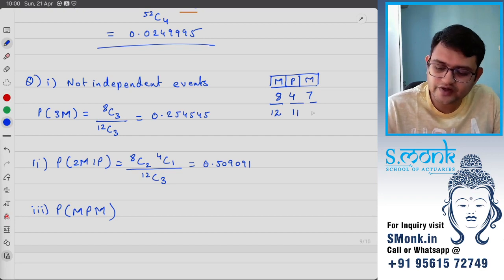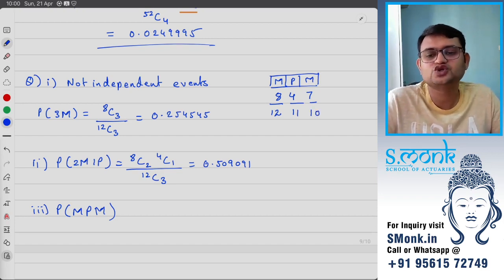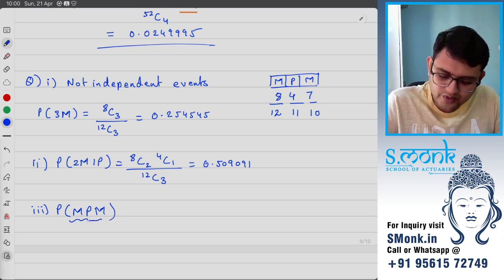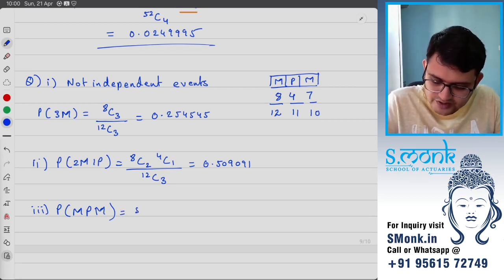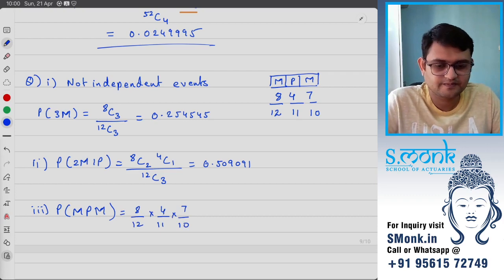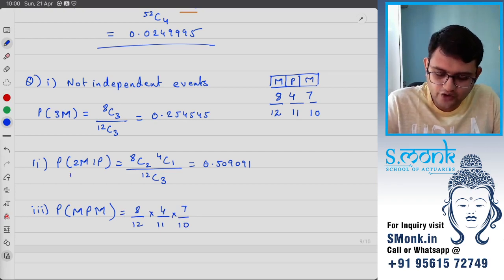For the third one, I had only 10 chocolates available. So if I am choosing only one permutation, I will just say it is 8 by 12 into 4 by 11 into 7 by 10. So this is for combination, this is for a permutation.